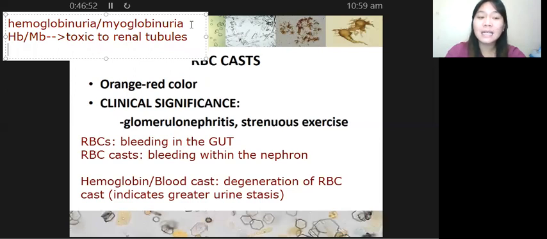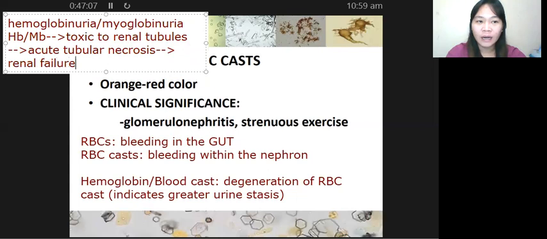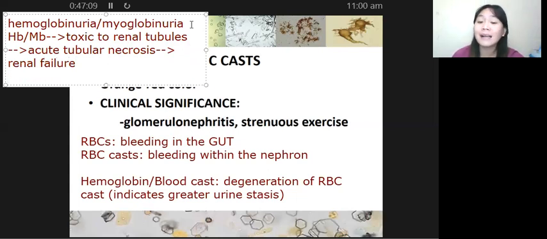And since they are toxic to your renal tubules, they may cause acute tubular necrosis, which may lead to renal failure. Iba naman ang cast na due to the presence of hemoglobin or myoglobin in your urine. Iba naman po yan.